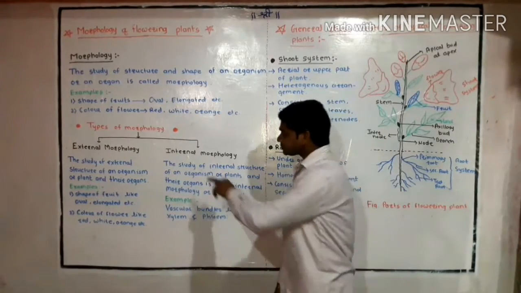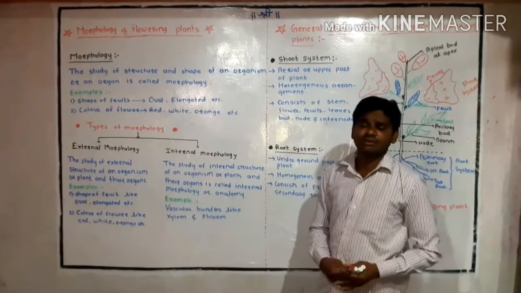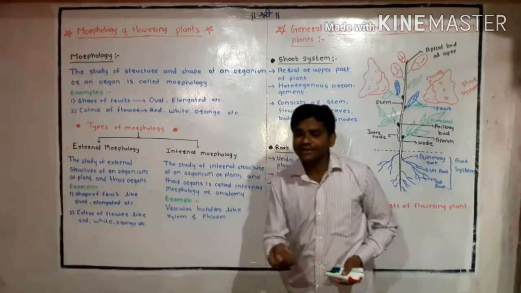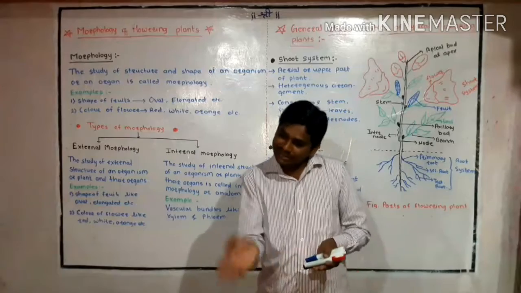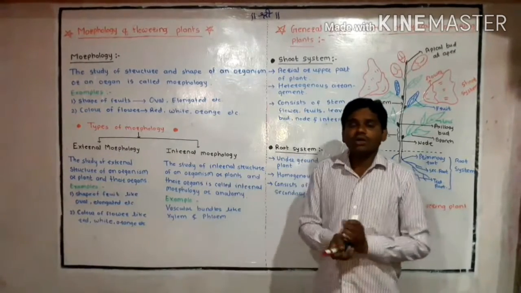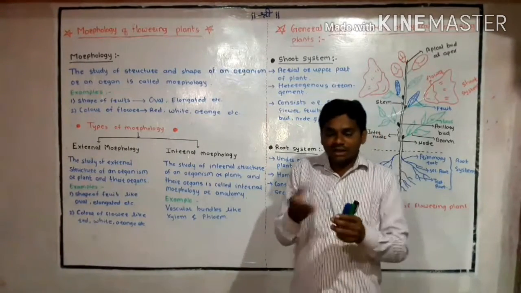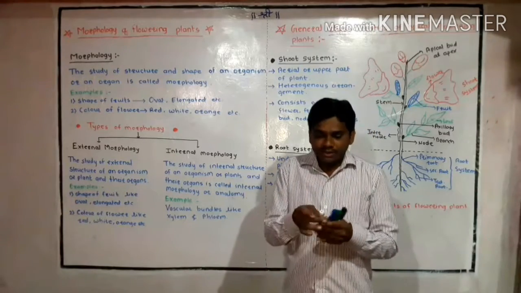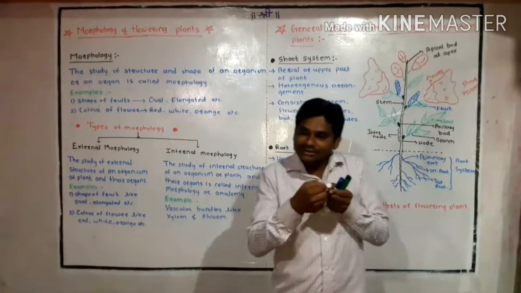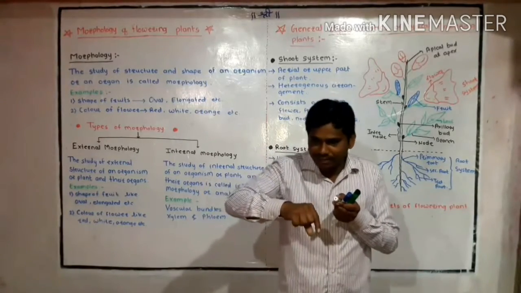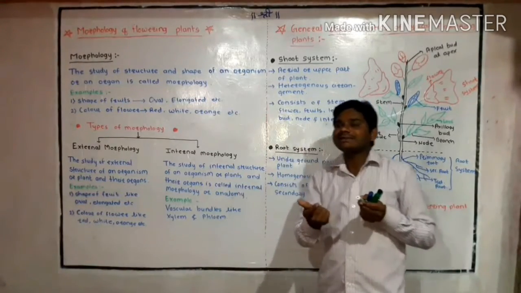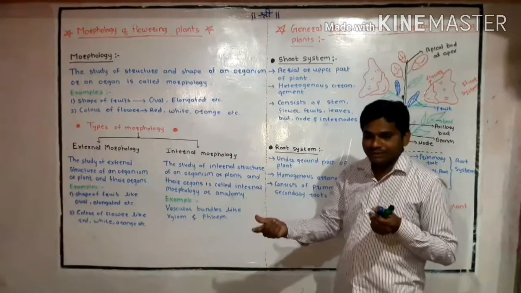Now another part is the internal morphology. Internal means inside the body of the plant. All of you have seen a cut stem. If we see the cut stem, at the center there is a part seen in red color. That red color part is nothing but the xylem and phloem.